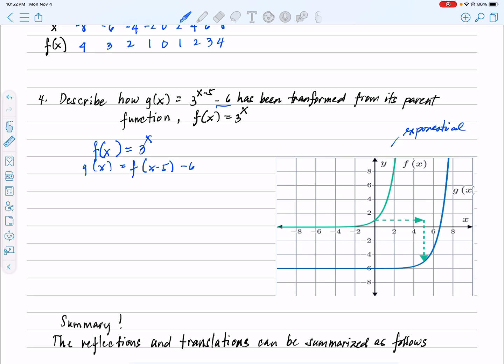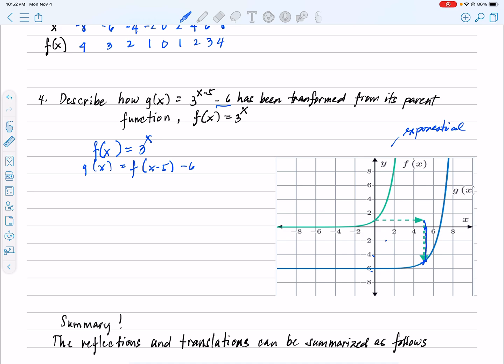By doing that, the graph of g of x is the graph of f of x, and it has been translated 5 units to the right. So 2, 4 going here and goes down with 5 units. Okay? And down 6 units, 2, 4, 6 units here. Okay.